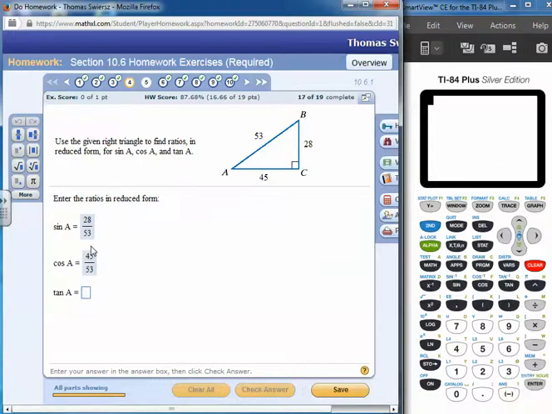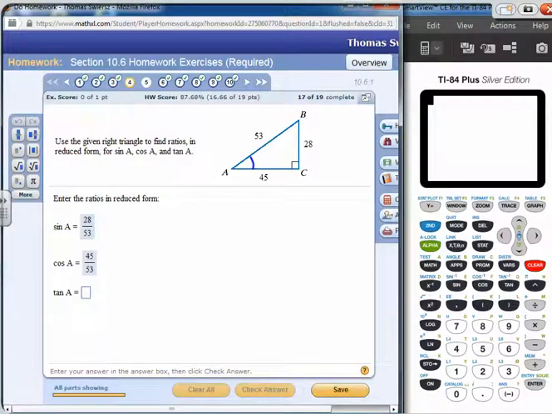And the tangent of angle A is opposite over adjacent. So with respect to this angle A, side opposite is 28. Tangent of angle A equals opposite over adjacent.